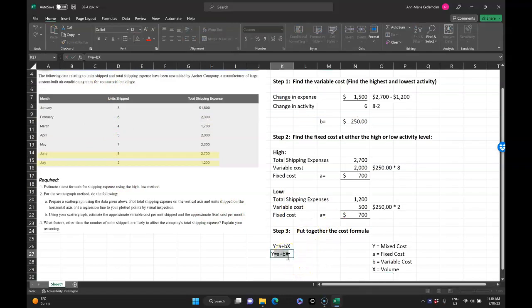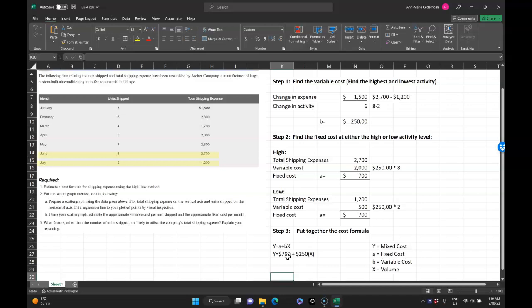So I don't know what my mixed costs are, but I did calculate the A, so that's 700. And I did calculate the B of 250. And then we don't know the volume at X. So this question doesn't have a step 4, but what they could do is they could tell us the mixed cost, and then we could calculate the volume at that mixed cost, or they can tell us the volume, and then we could tell them the mixed cost based off of that volume.